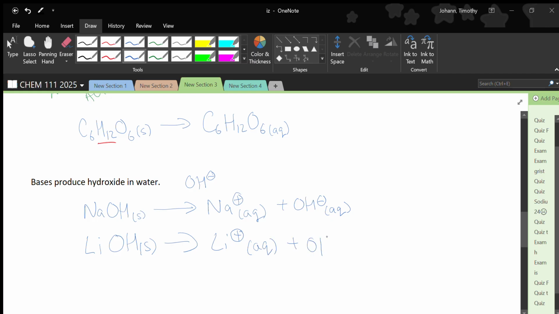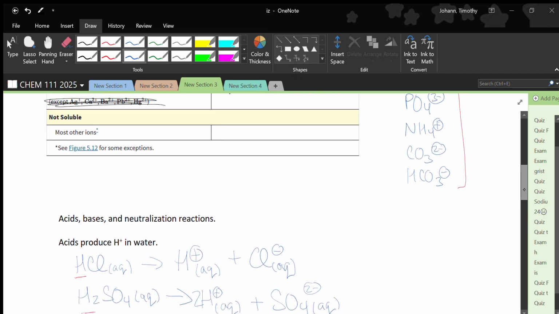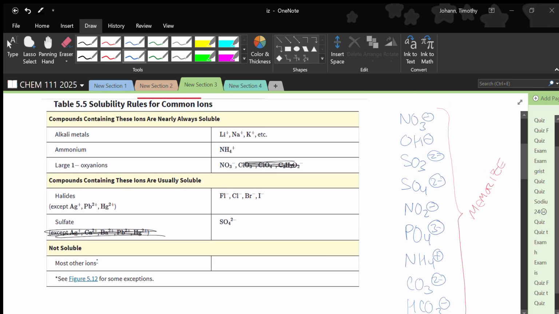I've actually avoided doing more complicated ones with hydroxide because it's hard to find other hydroxides that are soluble in water. If you remember from your table that you need to memorize, there's no hydroxide ion on here. So if something has hydroxide ions and it doesn't have one of the metals to help make things soluble, it's insoluble.